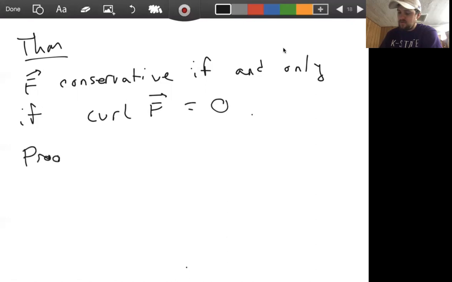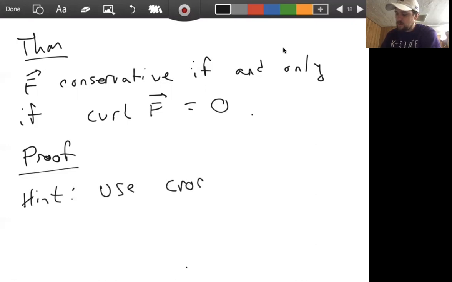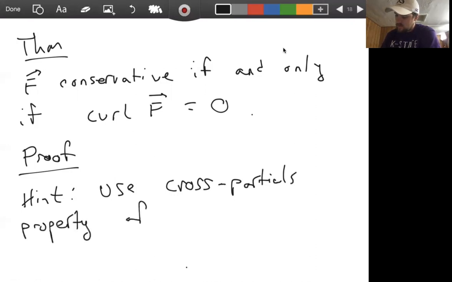And so the proof, I'm going to leave it to you, but here's a hint. Use the cross partials property of conservative vector fields.